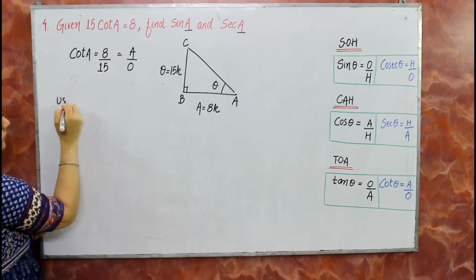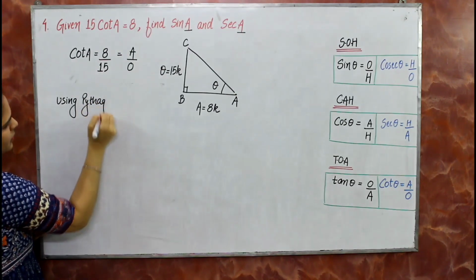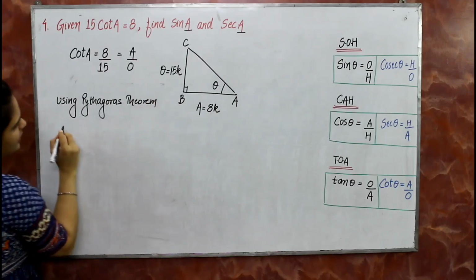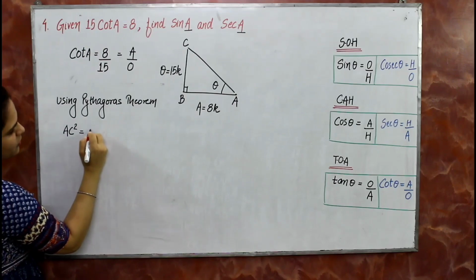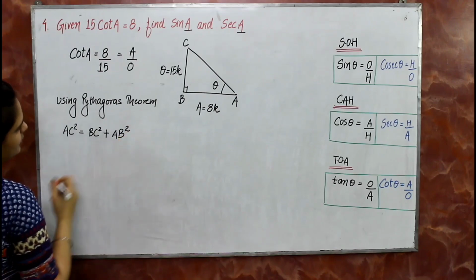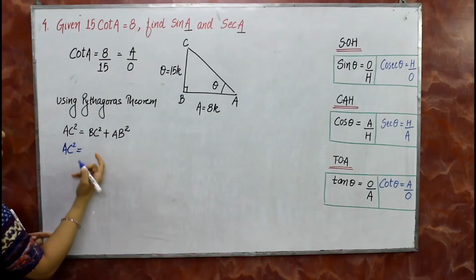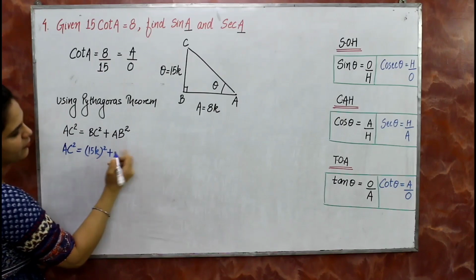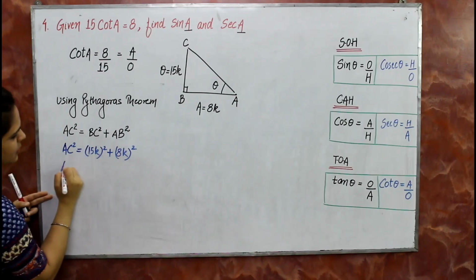Now we'll find hypotenuse using Pythagoras theorem. Pythagoras theorem is hypotenuse square is equals to opposite side square plus adjacent side square. Hypotenuse we have to find. BC is 15k whole square and value of AB is 8k whole square.